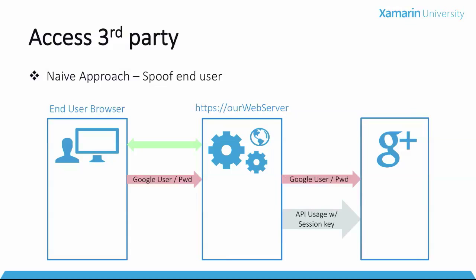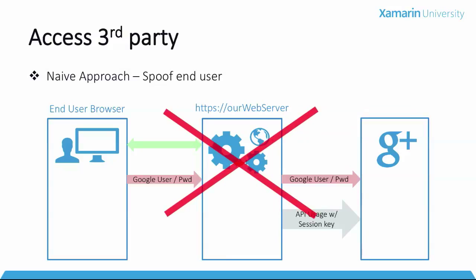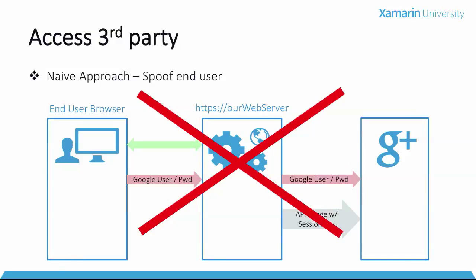And then of course we could just access their API using the session key. But of course Google will not accept this at all, and for that matter our users won't accept this at all. And really we shouldn't even want to be in this business, because let's say that the user did give us their username and password and then something happened to their Google account. They're going to end up blaming us, and we don't want anything to do with that.